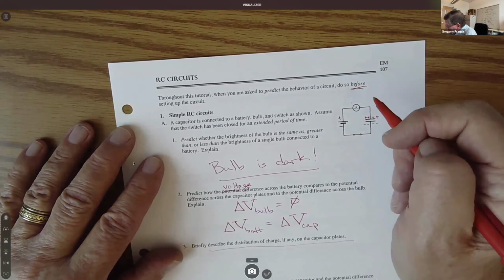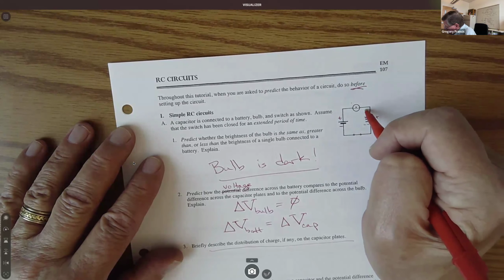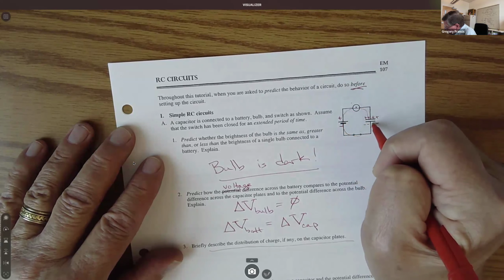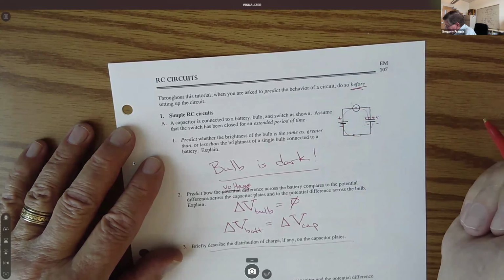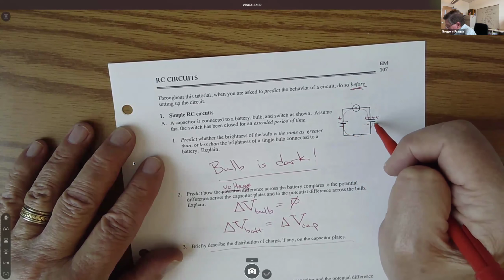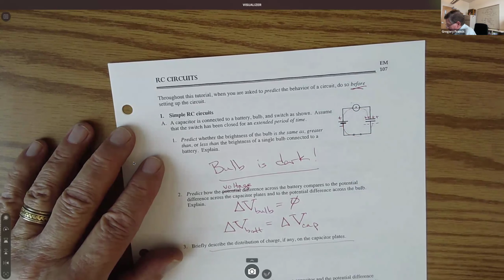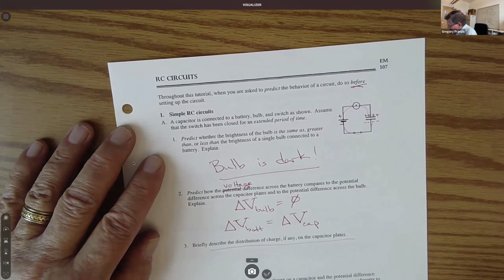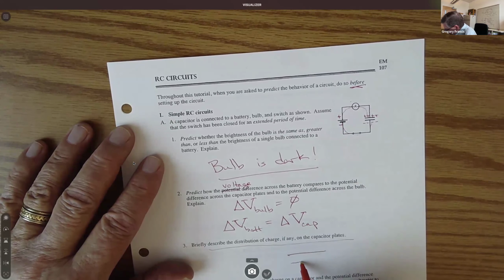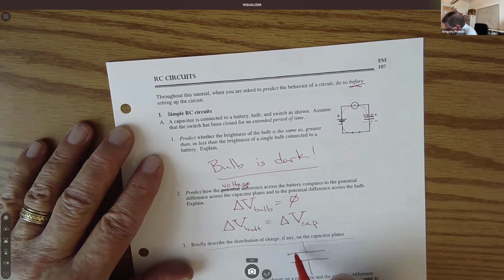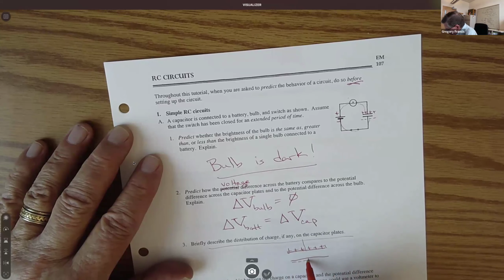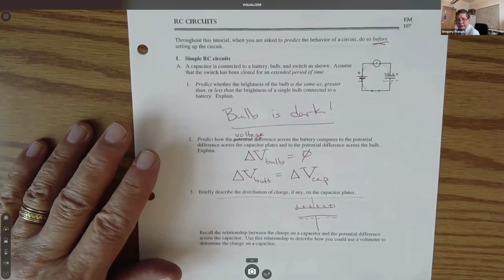The way the battery does that is that it steals electrons from this plate and brings them all the way around through the bulb to the other plate. So for every electron that ends up on this bottom plate, we have a naked proton left behind on the top plate. And so we're going to have a distribution of charge like that.